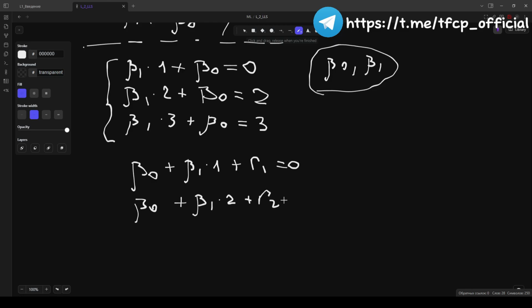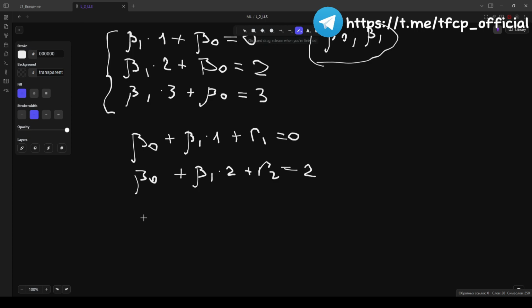I will rewrite the third equation as b0 plus b1 times 3 plus 3 reals, which is residual 3, equals 3. This way we can clearly see how each residual term fits into the equations. And in this particular form, we can already begin to search for a potential solution to this given system.